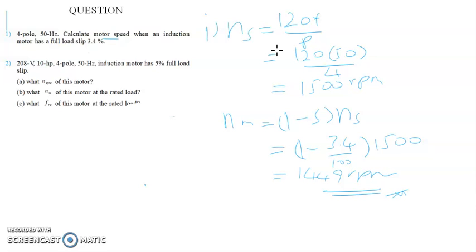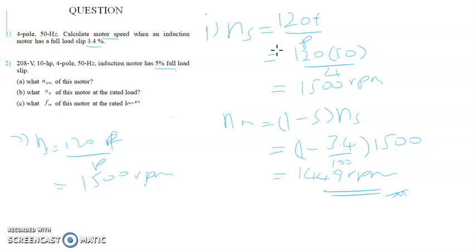And then question 2. 208 volt, 10 horsepower, 50 Hz induction motor, 5% full load speed slip. Usually the slip will be mentioned at full load. So what is the synchronous speed of the motor? Same, Ns is 120 F divided by P. So you will also get 1500 RPM.